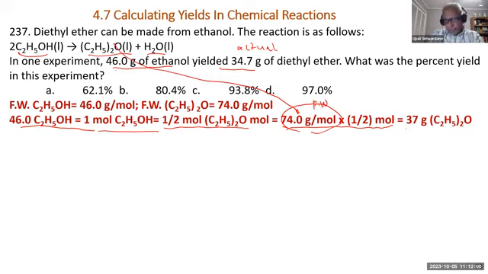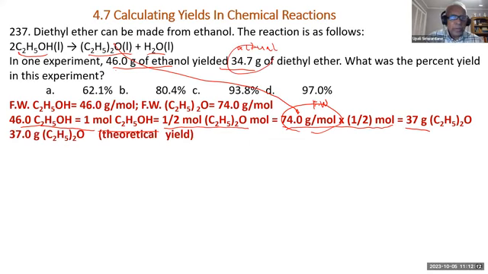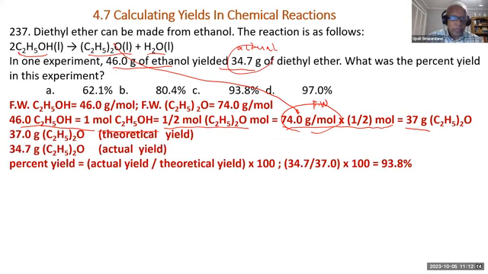Therefore, grams of theoretical yield is 37. Actual yield is right here. Therefore, 34 divided by 37 multiplied by 100 gives 93.3. Correct answer is C.